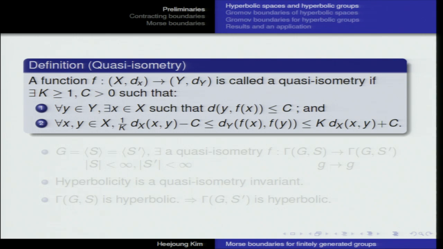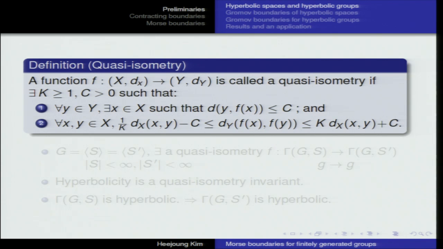Yeah, this is a review, but a function between two metric spaces is called a quasi-isometry if there are K and C which satisfy two conditions. The first one: for any point Y in the codomain, there exists a point X in the domain such that the distance between Y and the image of X is less than or equal to C. And the second condition is for any 2 points in the domain, we have the following inequalities.